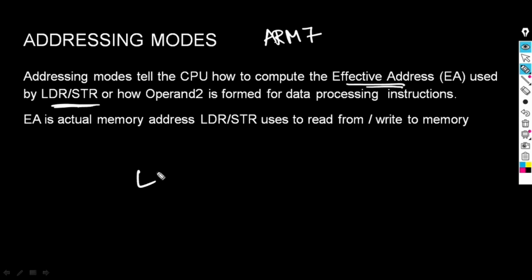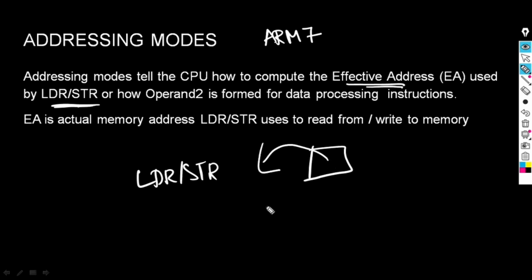In case of LDR STR instruction, your whole purpose is to access a particular memory location, and your purpose here may either be to read some data from the memory location or to write some data into the memory location, correct? But that is not important here. Our focus is finding this exact location.